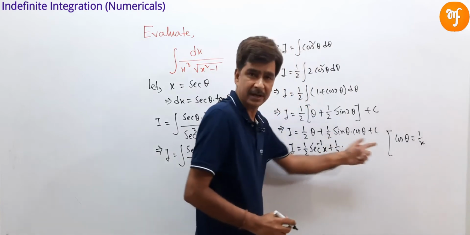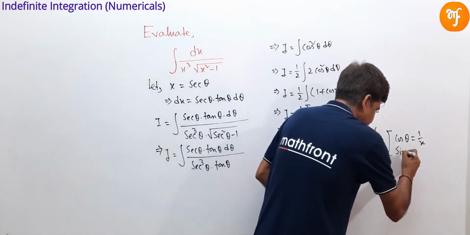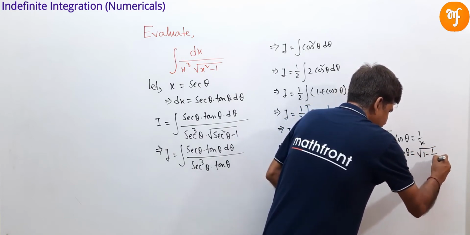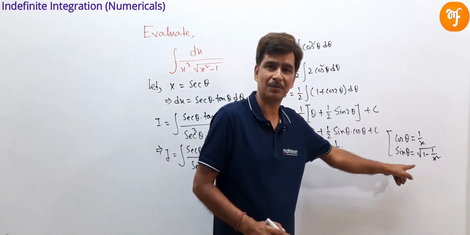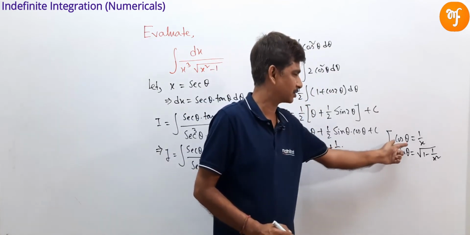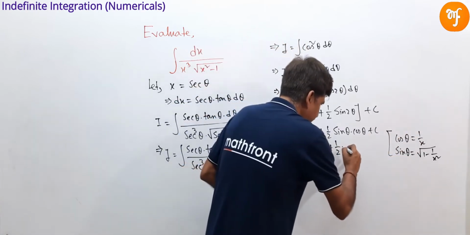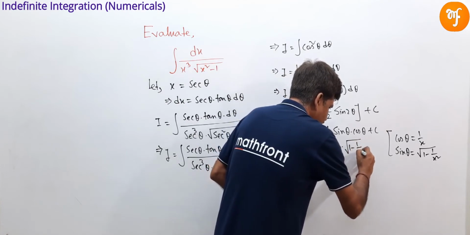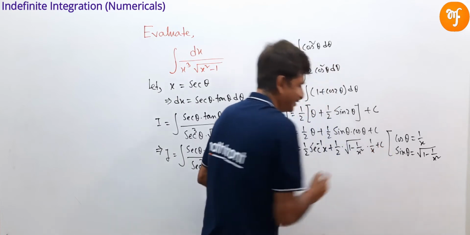So from here we can easily find sin theta. What is the value of sin theta? Sin theta is equal to square root of 1 minus 1 by x square. So substituting the values of sin theta as square root of 1 minus 1 by x square here and cos theta as 1 by x here, we will get the final answer. So this is half into square root of 1 minus 1 by x square into 1 by x plus c.